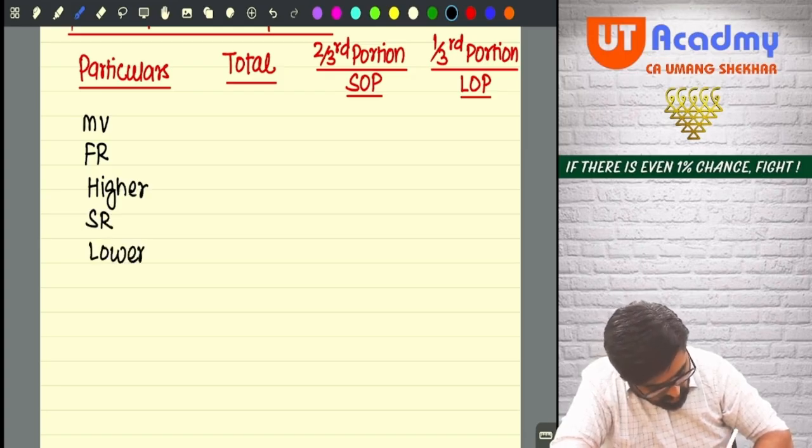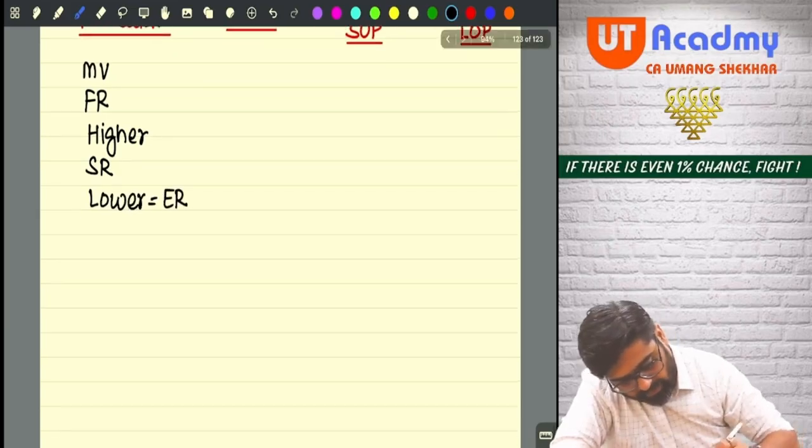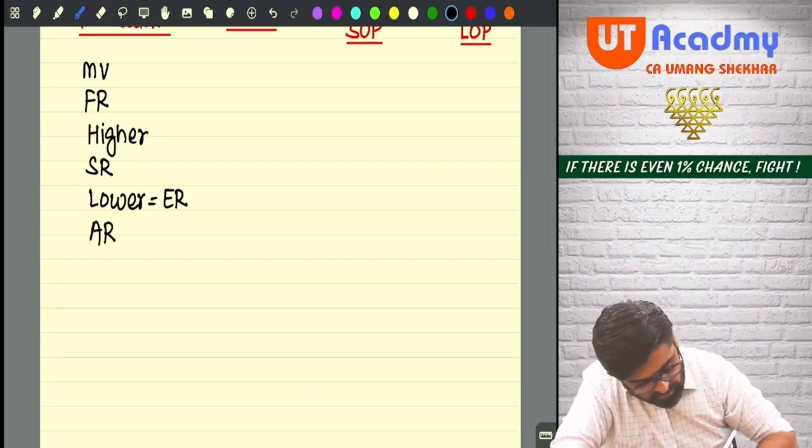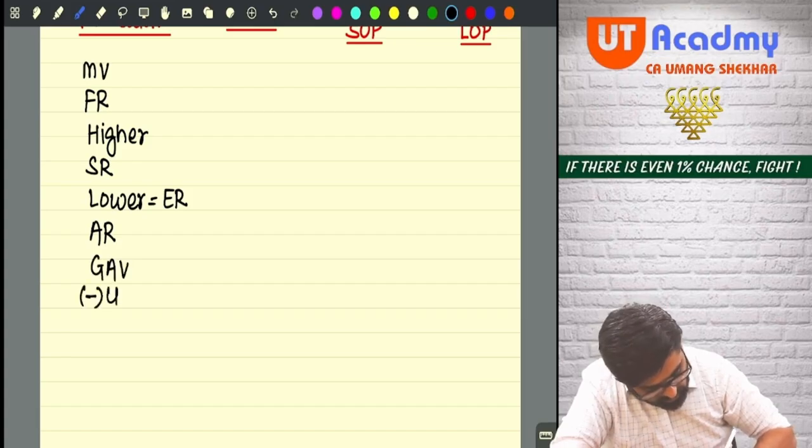Whichever is lower is what? Expected rent. Expected rent will then be compared with actual rent. You will get GAV. Out of that you will reduce unrealized rent if any. Yes or no? And then you will get balance GAV.